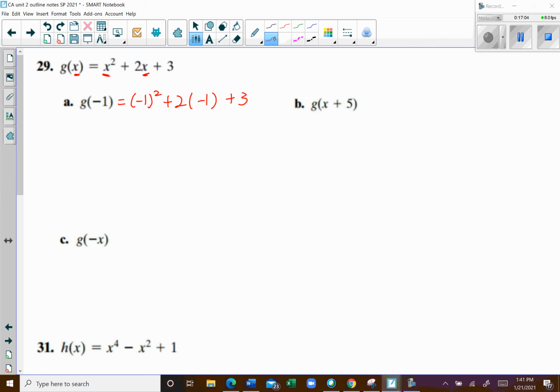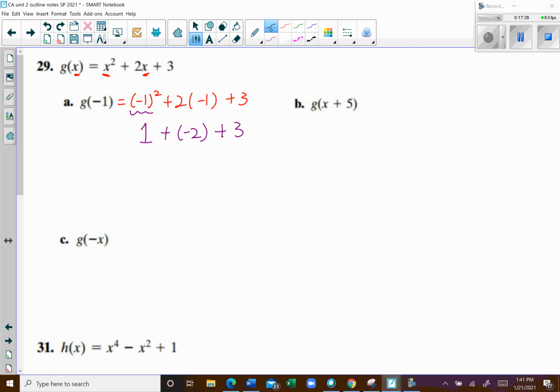And we're going to go ahead and just simplify this. So negative 1 squared, negative 1 times negative 1 is a positive 1. Then we have a plus 2 times negative 1. So you can go ahead and put this as a minus 2 or plus negative 2, whatever you're comfortable with. And then we have a plus 3 right here.